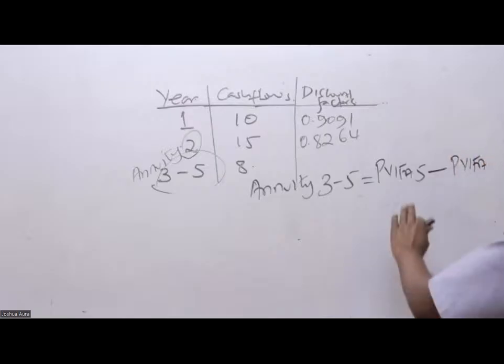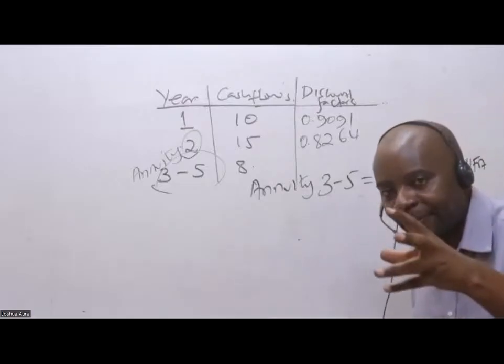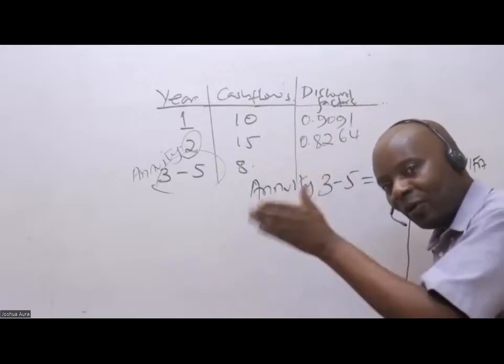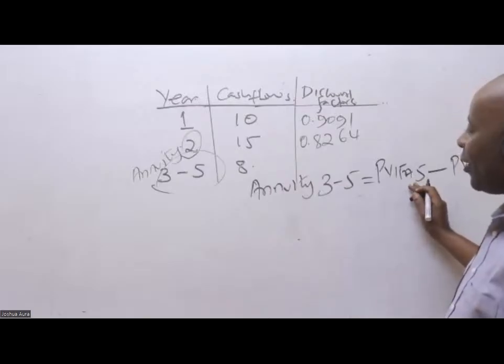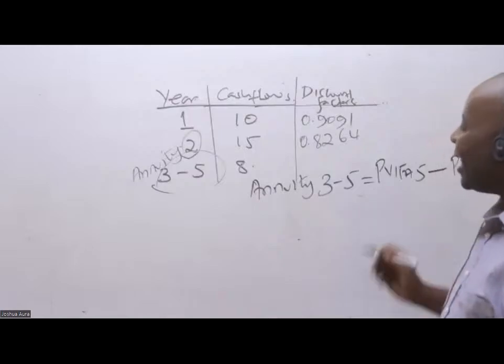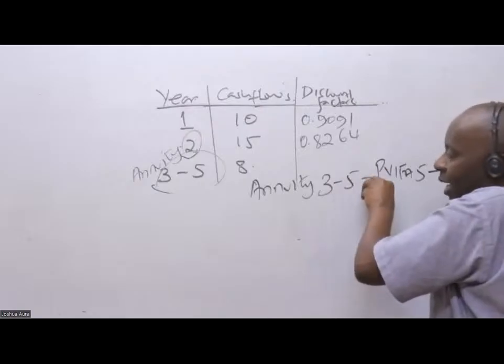When I talk of PVIF for 5 years, I've included all the years, including the unwanted ones, all the years from year 1 all the way to year 5. And yet the wanted ones are from year 3 to 5.